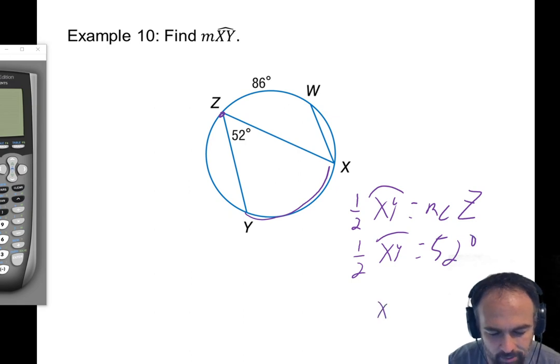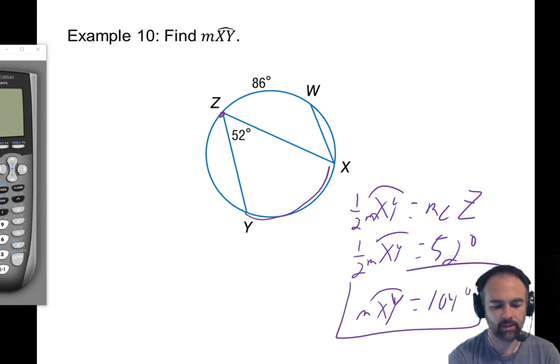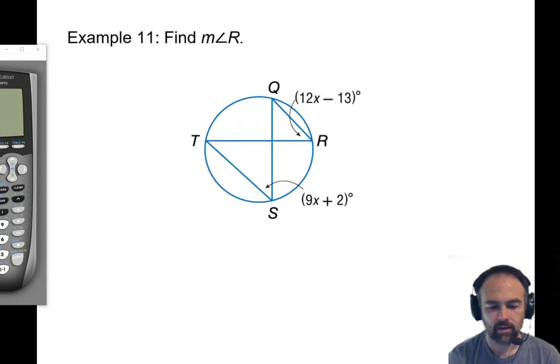We're going to multiply by 2, and the measure of arc XY, double that, gives me 104 degrees. Simple enough. All right, let's jump over and do one of those hourglass figures.